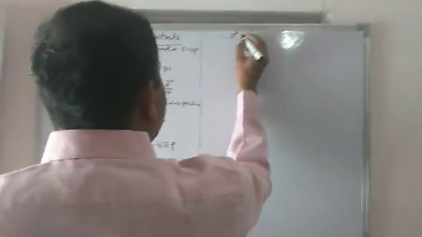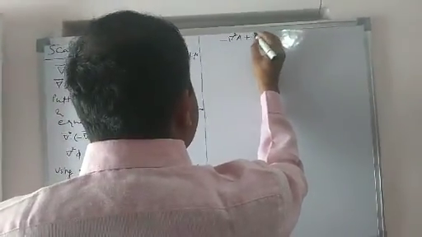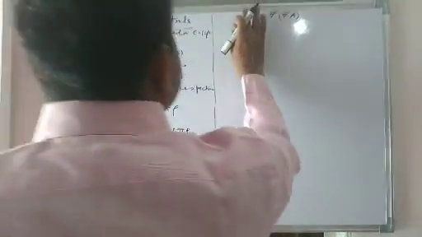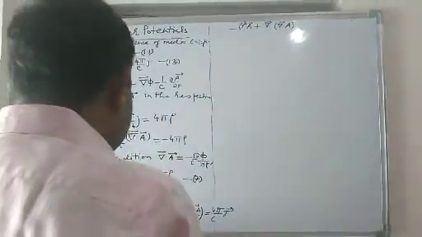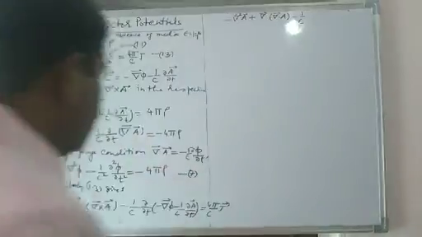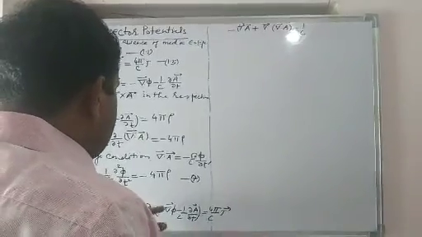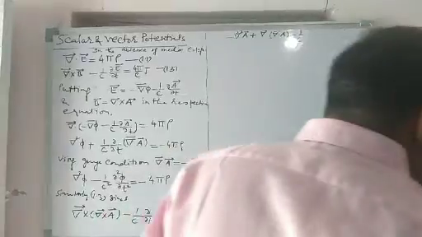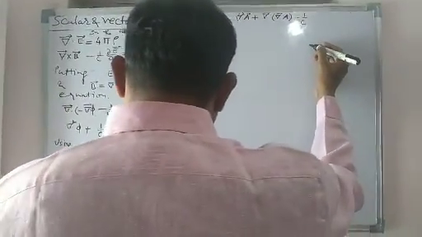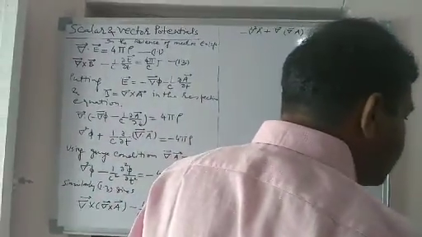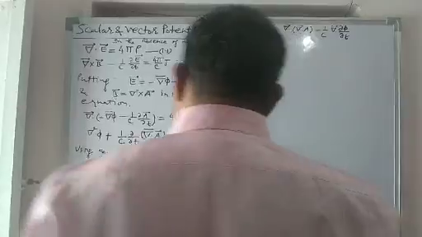This will give us minus del squared A plus gradient of del dot A, and then plus 1 over c gradient of del phi by del t, and let us check the sign.